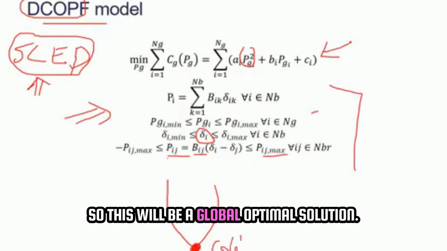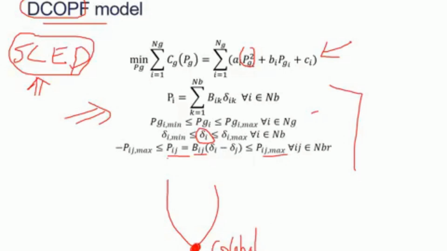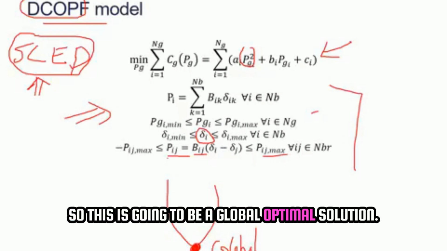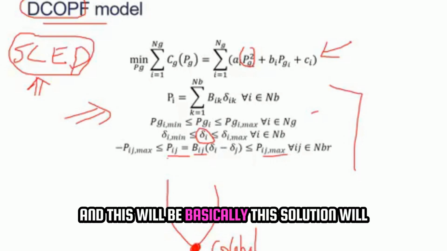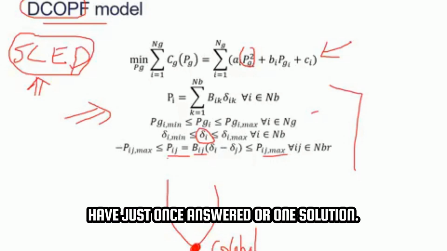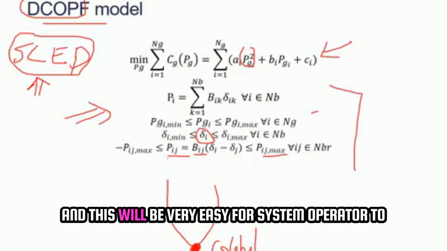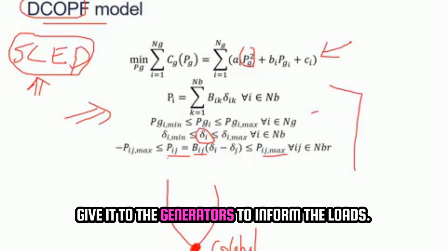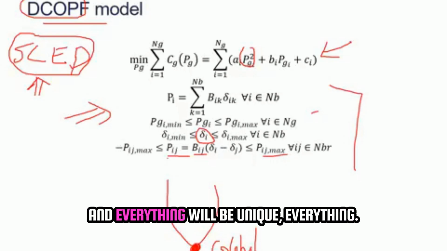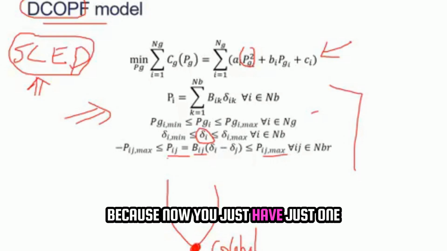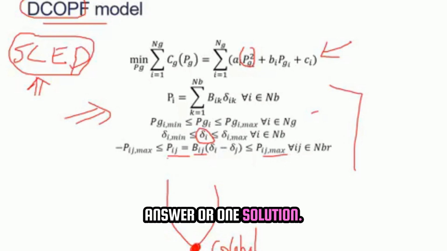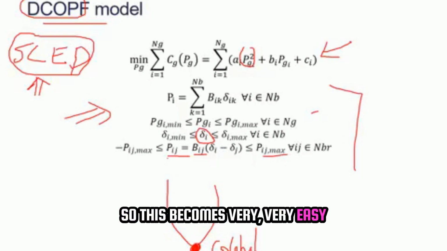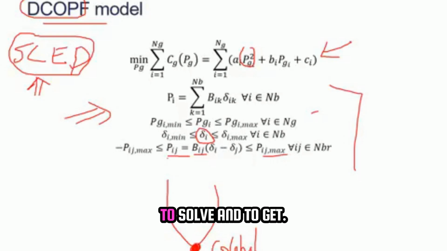So this will be a global optimal solution, and it will have just one answer, and this will be very easy for the system operator to give to the generators and to inform the loads, and everything will be unique, because now you have just one answer or one solution. So this becomes very easy to solve and to get.